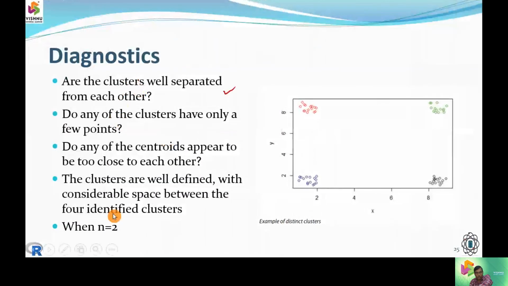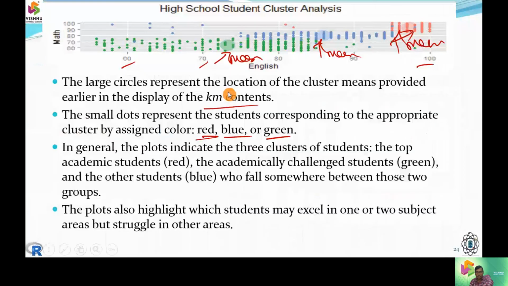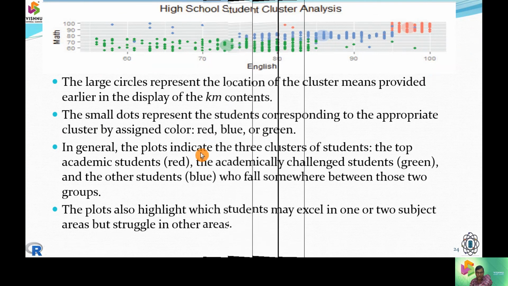So these 4 questions need to be satisfied. Then only can we say that the clusters are very well separated and appropriate to conduct an analysis. Are the cluster centroids close to each other? Definitely not. The reason is we have taken 75, 85 and 95. They are not really very close; they maintain some distance.